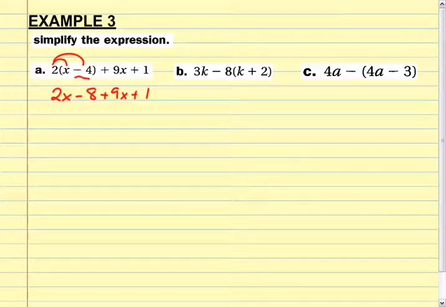Do I have any adding and subtracting to do? How many terms do I have? I've got 4. This one, that one, that one, and that one. Can I put any of them together? Which ones would you like to put together? Negative 8 and 1. And when I put negative 8 together with 1, what do I get?